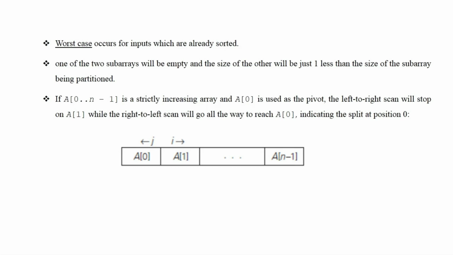So if A starts from 0 to n minus 1, if it is an increasing array which is already sorted and A of 0 is used as pivot, then left to right scan will stop on A of 1, whereas the right to left scan will go till A of 0 and the split position is at position 0.